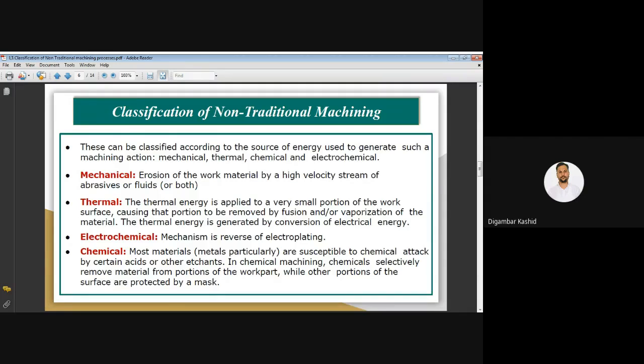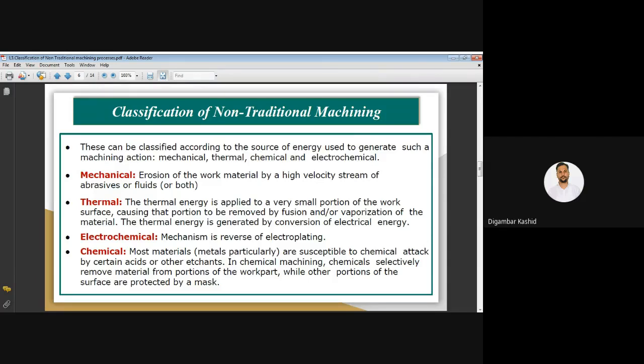Whatever the erosion is, that is the typical form of mechanical action. Due to erosion of your workpiece, material removal will happen. Now, how is that erosion going to happen? For erosion to happen, we need a high velocity stream of some fluid.